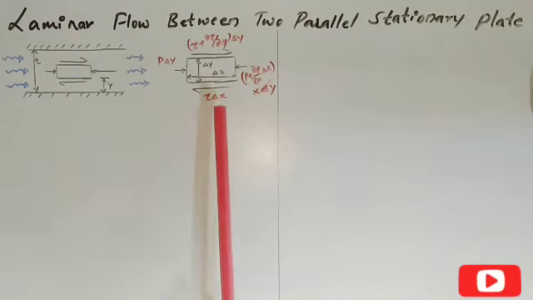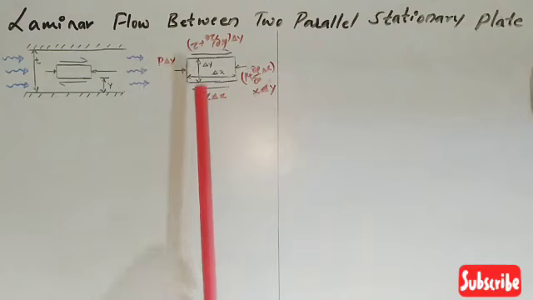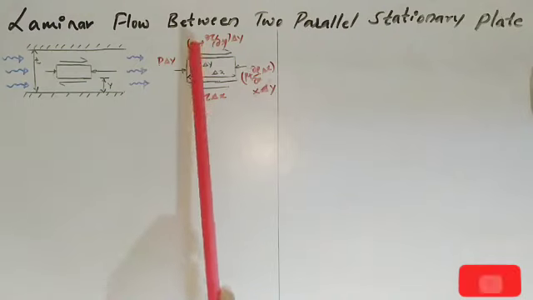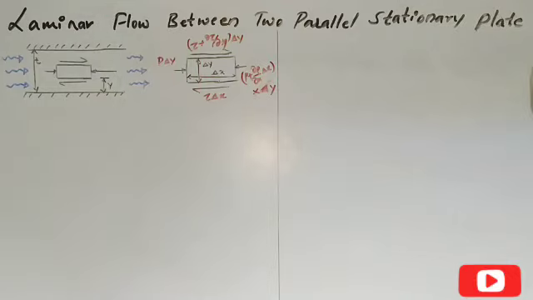Similarly, the shear stresses acting on the surfaces BC and AD are tau and tau plus dou tau by dou y into delta y.